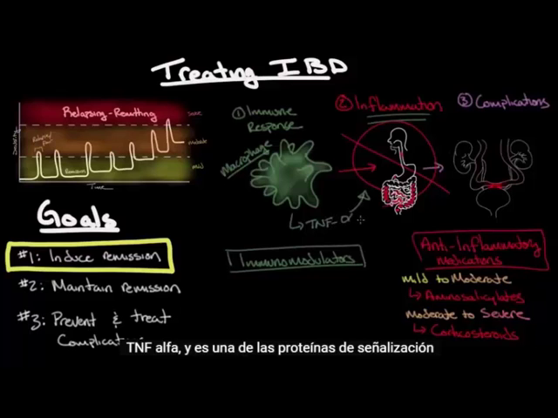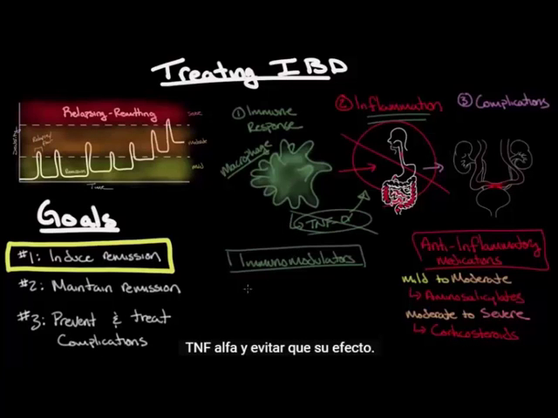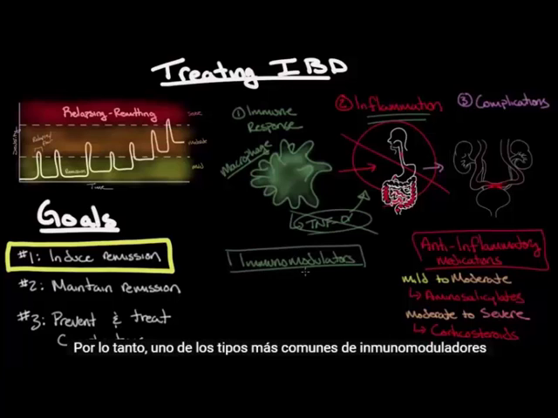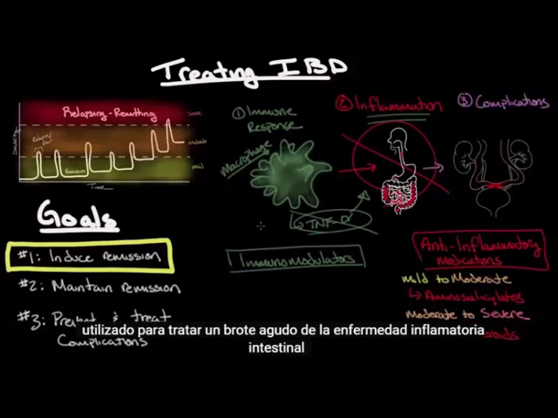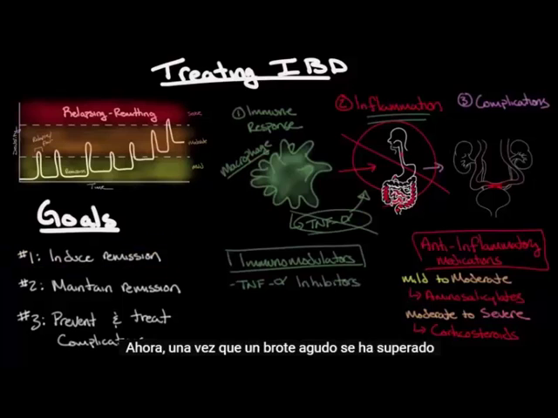And it is one of the signaling proteins that's responsible for the inflammation. Fortunately, we have medications that can target TNF alpha and prevent its effect. So one of the most common types of immunomodulators used to treat an acute flare of inflammatory bowel disease are the TNF alpha inhibitors.